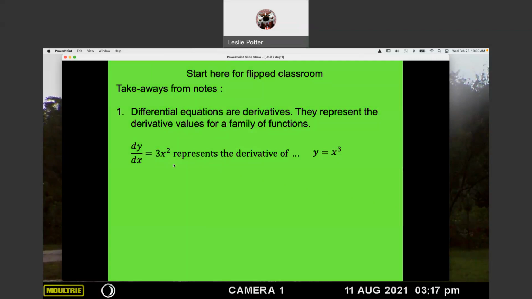How about y equals x cubed plus 4? Does that make sense? We differentiate that, the 4 goes away because it's a constant. What's the difference between those two functions?